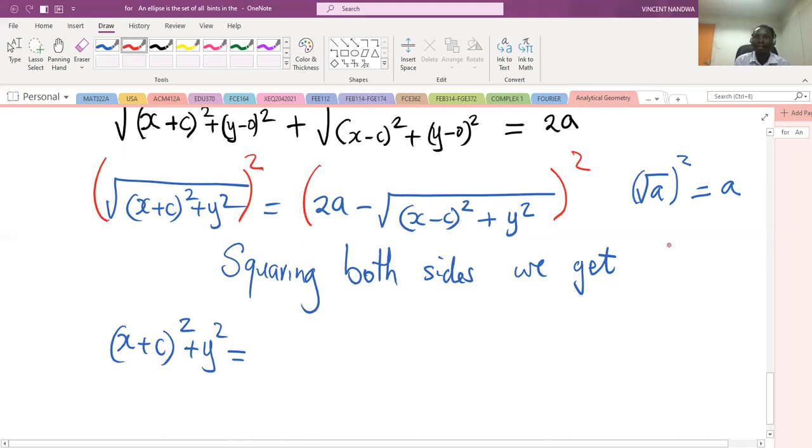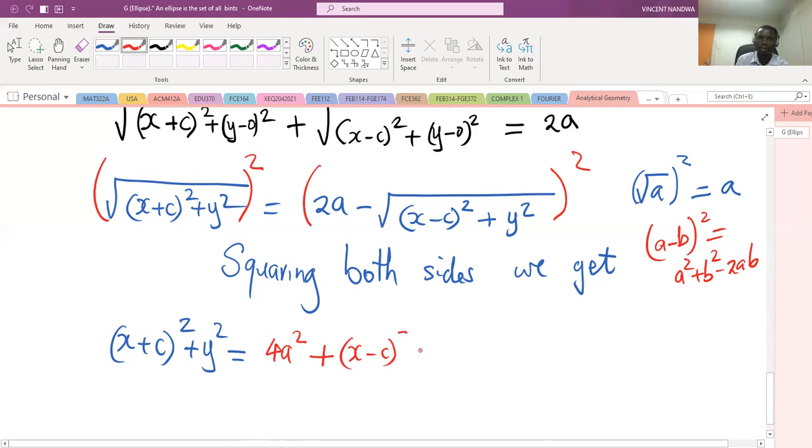It's like I have (a minus b) squared, which is given by a squared plus b squared minus 2ab. I take my a to be 2a, my b to be the square root of this quantity here. When I square this one, I get 4a squared. When I square this one, I just get what is in the square root sign. And then twice this product: 2 times 2a is 4a, so minus 4a, then the square root of this quantity.